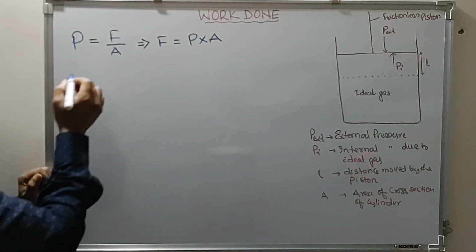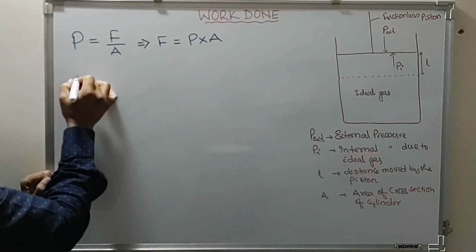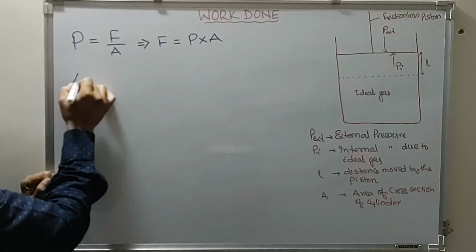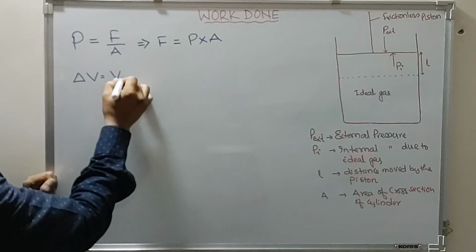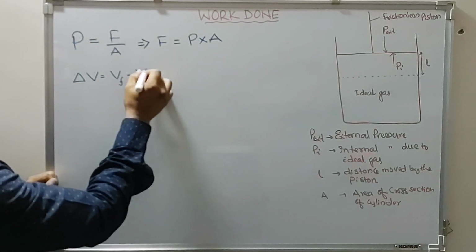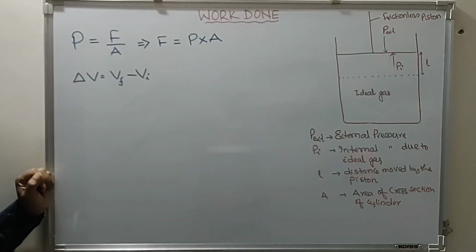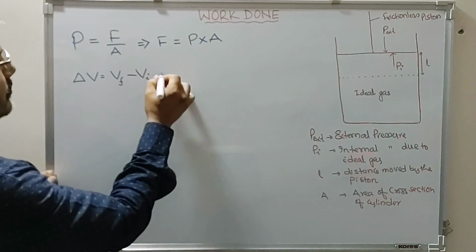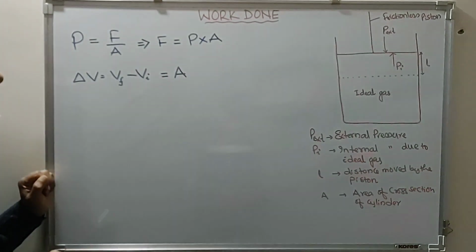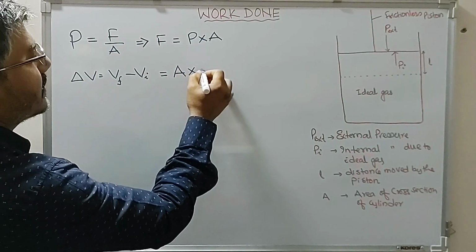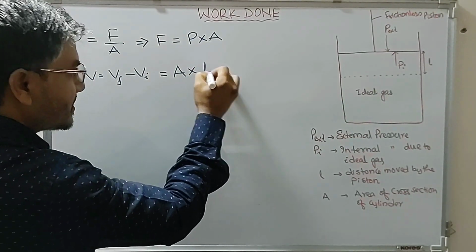Then we define the change in volume, which is V final minus V initial. Now this change in volume is equal to the area of cross section into the distance moved by the piston.